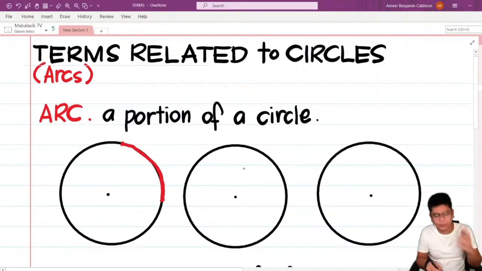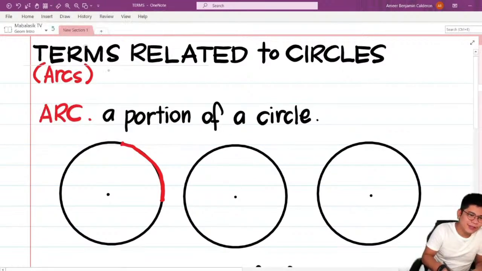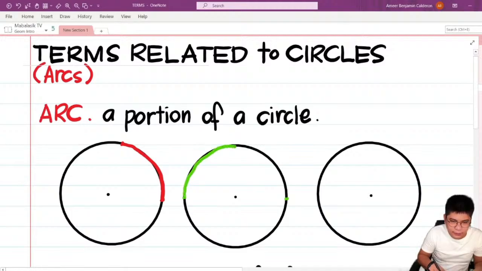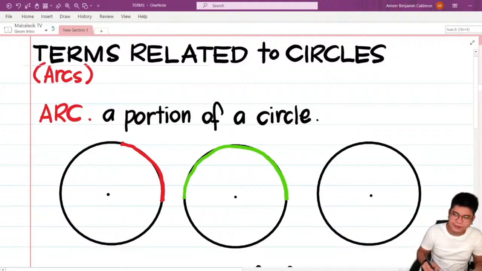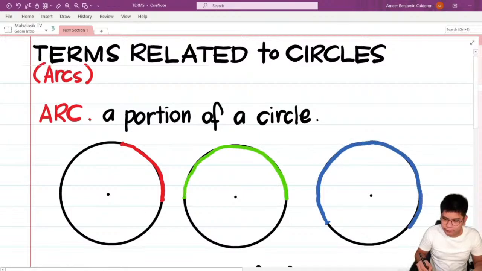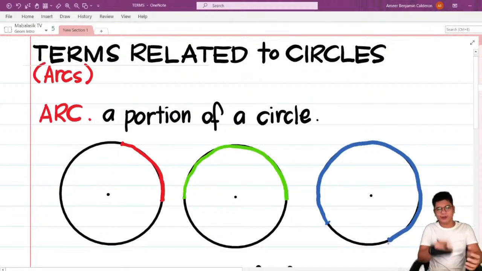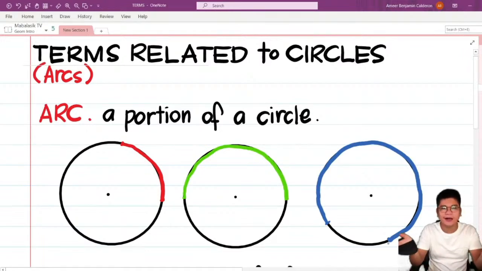The red one can be something like this. Or can be something like this. Example. Kunyari, yan. Yung red, yung green, tsaka yung blue, lahat yan sila arcs.